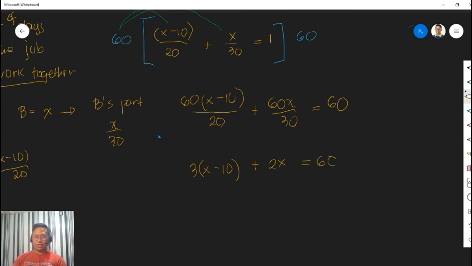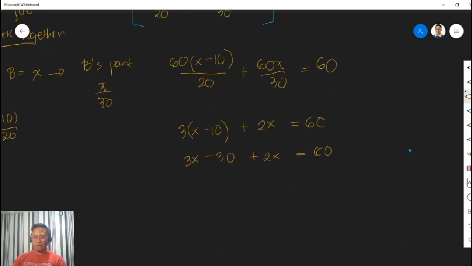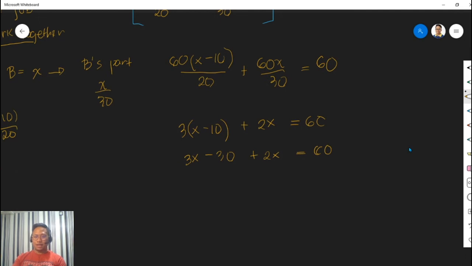Distribute 3 to the expression x minus 10, and we get 3x minus 30 plus 2x equals 60. Then 3x plus 2x is 5x minus 30 equals 60.